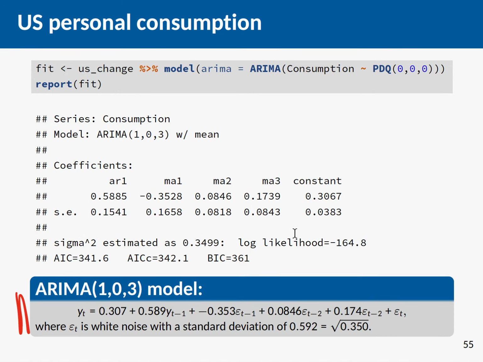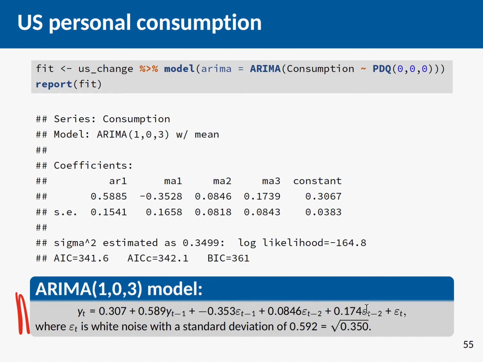If you want to write down this model, it is going to look like this, where y_t equals 0.307, which is your constant, plus your lag value of y with the phi parameter, which is from here, 0.589, minus the parameter that you have estimated for your MA1 component, which goes here, your MA2 component goes here, and this should be MA3.